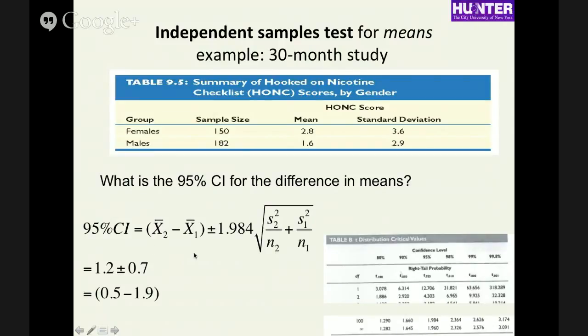And we could also build a confidence interval. So the middle of our confidence interval is the difference between the boys and girls scores, 1.2, so 2.8 minus 1.6. And we build the confidence interval using that formula for the standard error times the critical t-value.